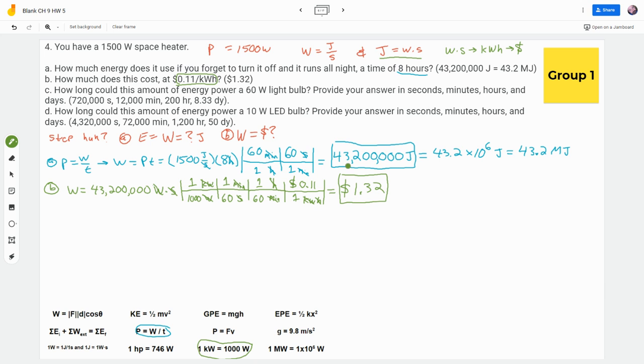Now, very quickly, let me point out, when people are first learning this and they don't know how to do the field goal posts, they might flip them all upside down. So hypothetically, let's pretend that we had 43,200,000 watt seconds. But then instead of multiplying by 1 over 1,000, we did 1,000 over 1. So multiply that by 1,000. And then multiply that by, instead of 1 over 60, 60 over 1.